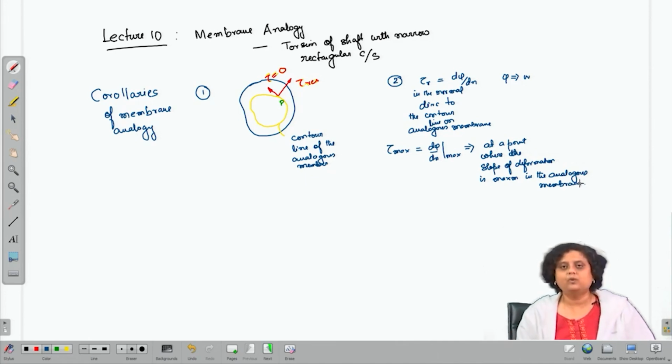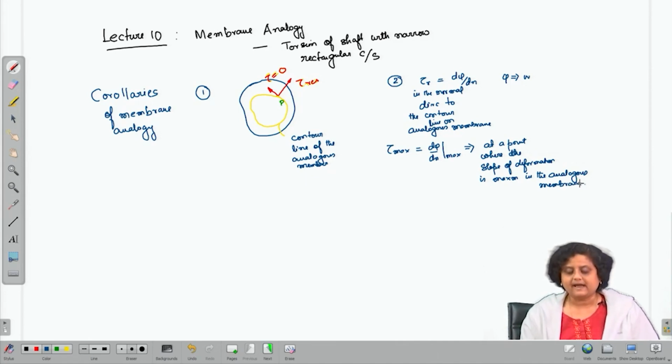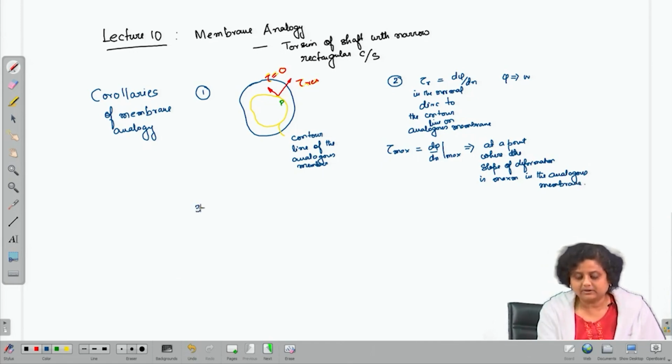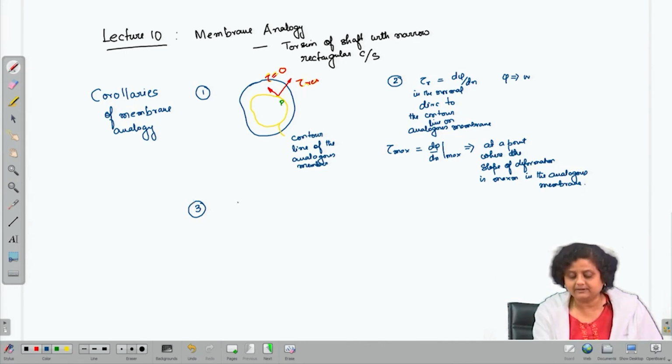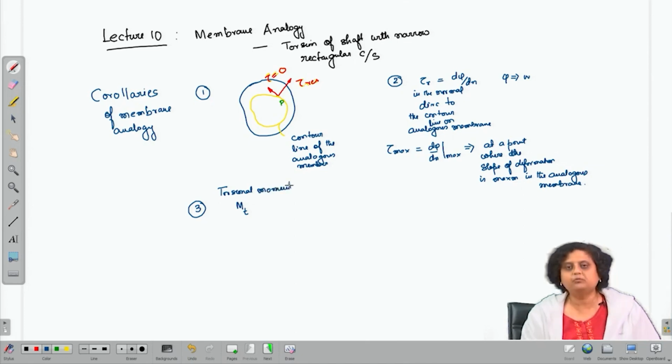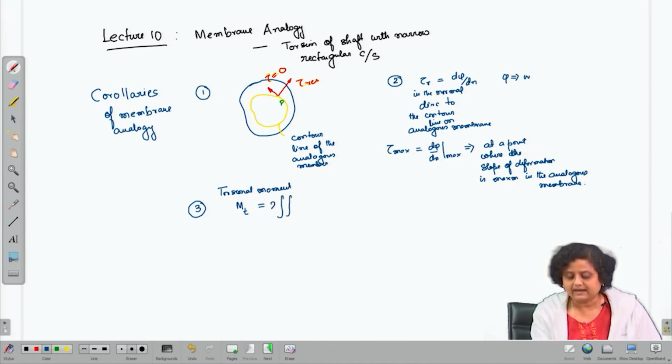These two corollaries were discussed in the last lecture and also derived. The third important corollary that we need to keep in mind is that for a shaft with arbitrary cross section, we have seen that the expression for the torsional moment Mt can be written in terms of the Prandtl stress function as 2 into the double integral of phi dx dy.